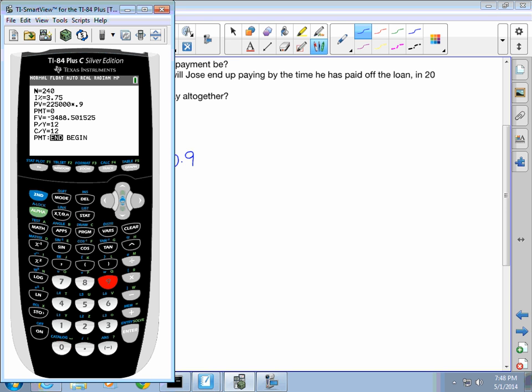Payment is what we're trying to find. Future value is 0. Payments per year are 12, but our compounds per year are 2. So I go back up to payments, alpha, enter. So payments are $1,197.55.